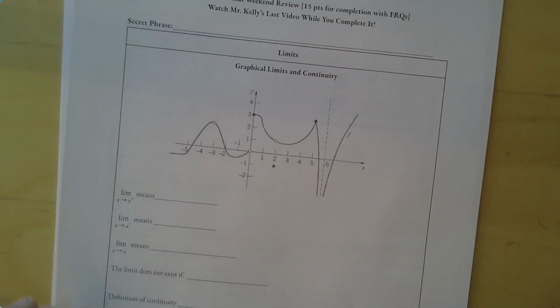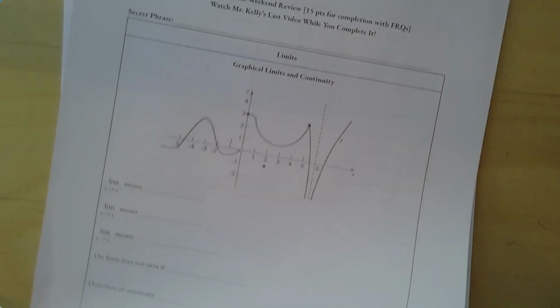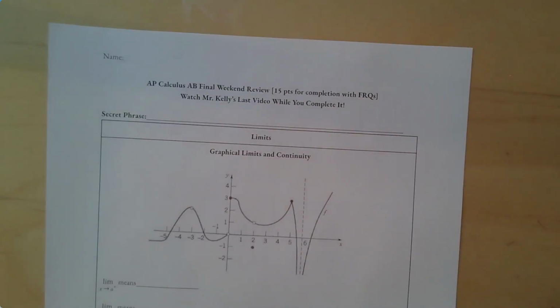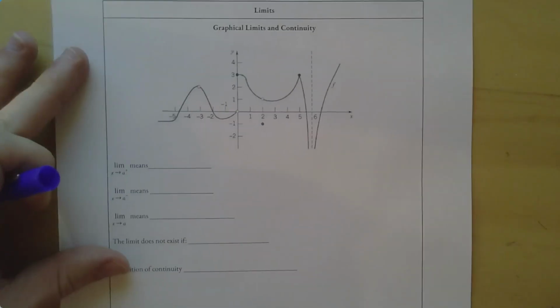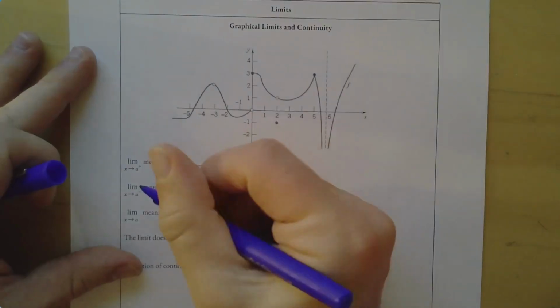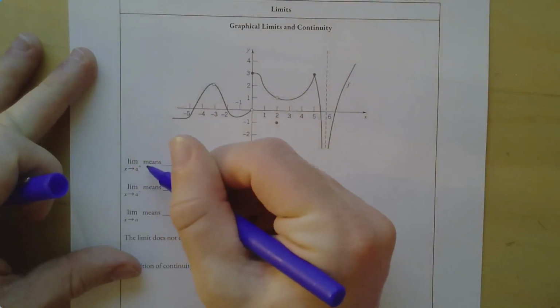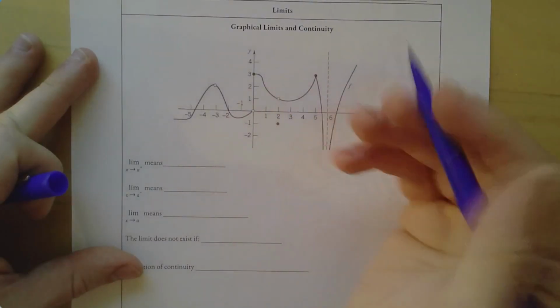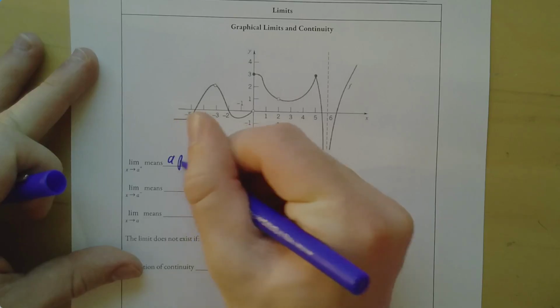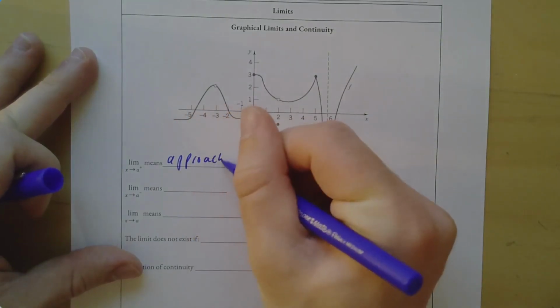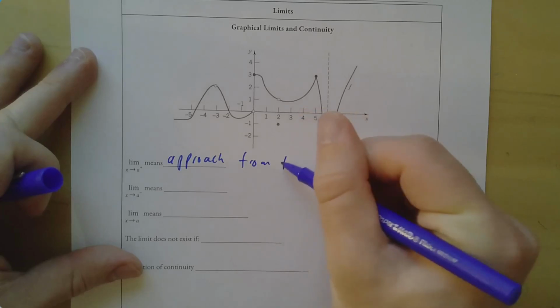So, limits. This is one of the first things we learned. Let's talk about what these mean. When you have a limit as x approaches a with this little plus sign, this means that we approach from the right.